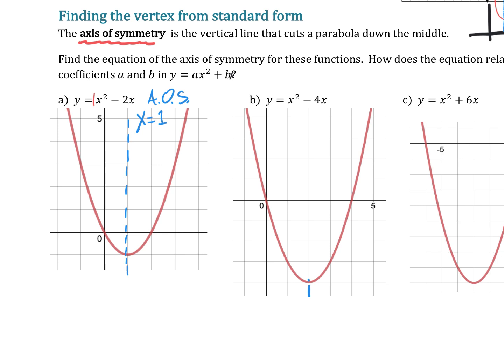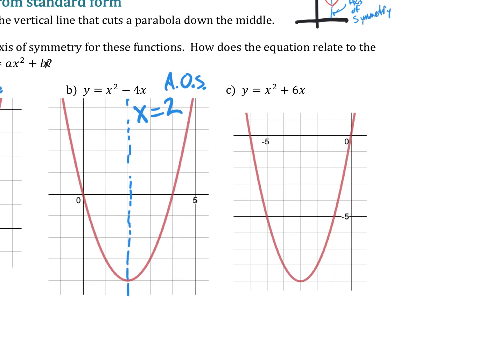Here we change the equation a little bit. Now we have x squared minus 4x, and we ended up at the equation x equals 2 for our axis of symmetry. And if we go plus 6x, notice the previous one was to the right of the axis, so it was positive.